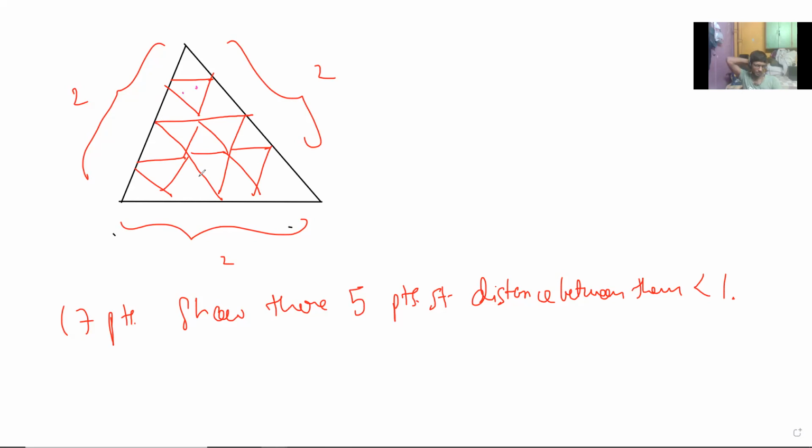Right, so there will be 2 points in a small triangle, but how does that give us 5 points?